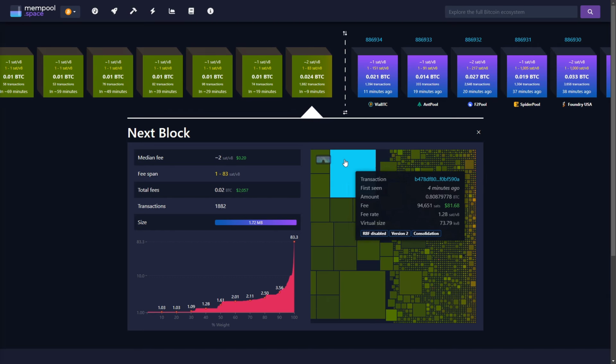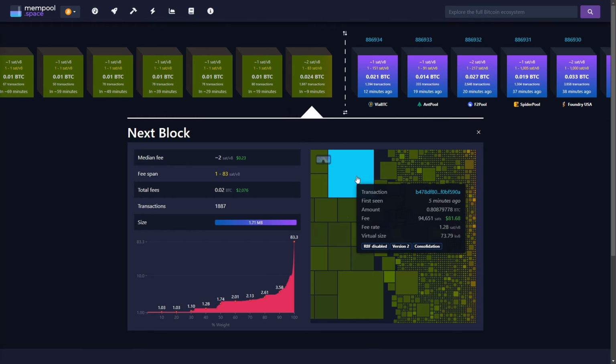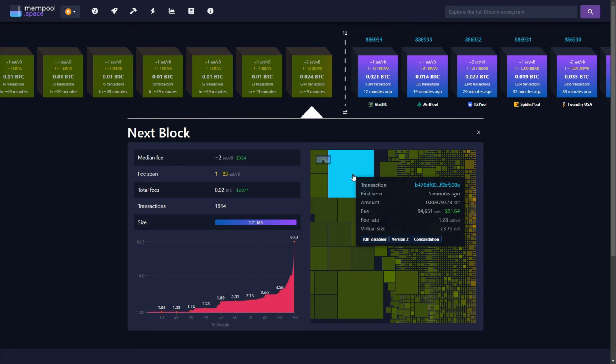So this block here contains a lot more data because there's a lot more inputs and outputs, so you have to pay a higher fee based on the size of your transaction. For example, this transaction has to pay roughly $80 to be confirmed because it has a lot of inputs and outputs.